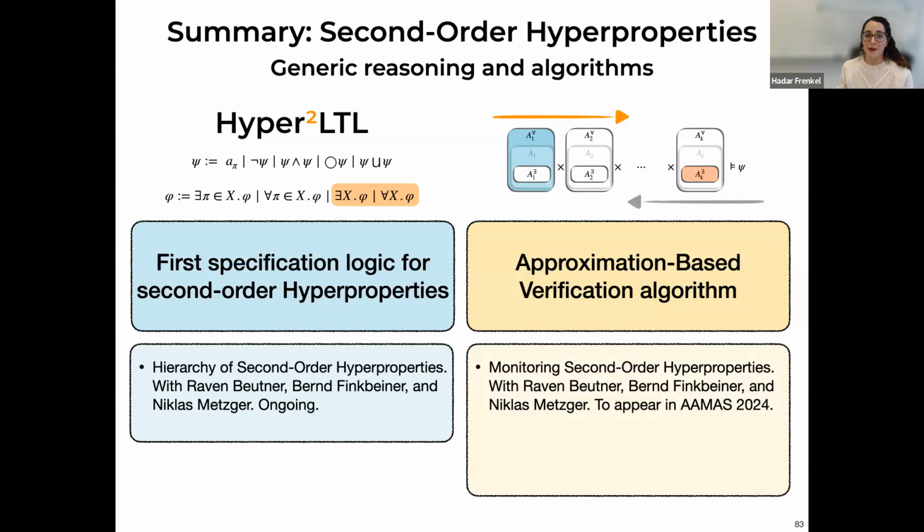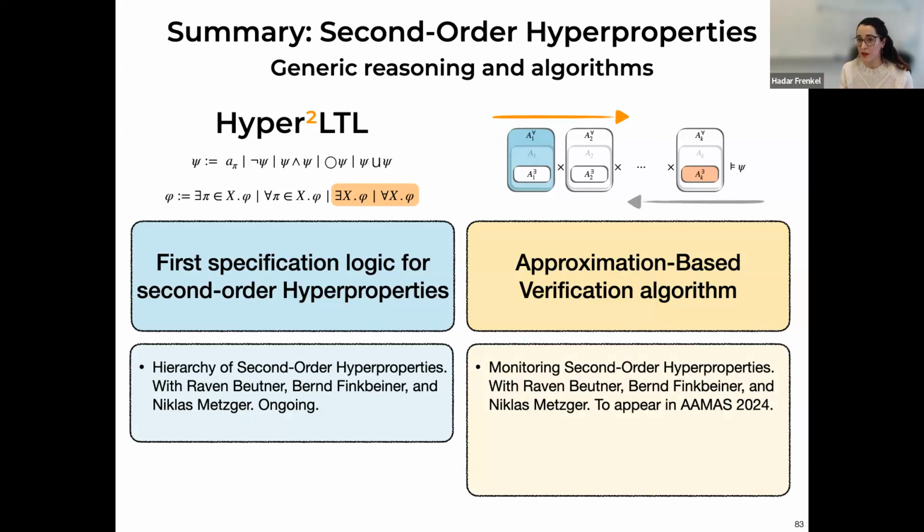What I've shown you today is, given a system, prove that the property holds on this system or not. But for that, we have to have the system. In monitoring, we either don't want to use the system because it's too big, or we don't have access to the system at all. So the system is a black box for us, and we just see the executions.